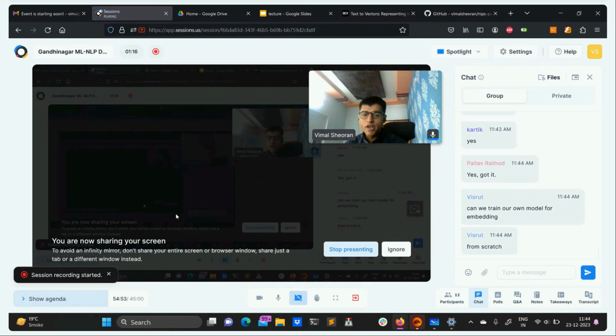Yes, Vishrut, you can train your own model for embedding. The process that I described is the same process that you will follow. You will consider a corpus of text. Let's say I have this book with me right now. I will take this book and read all the text in it. Then I will create a vocabulary out of it. I will set up a next word prediction task.